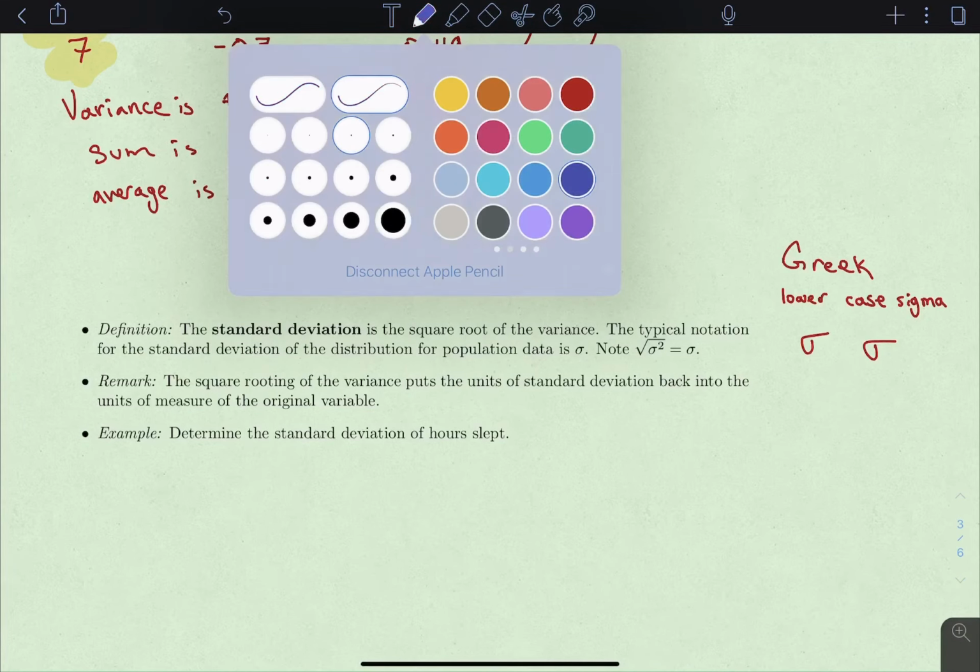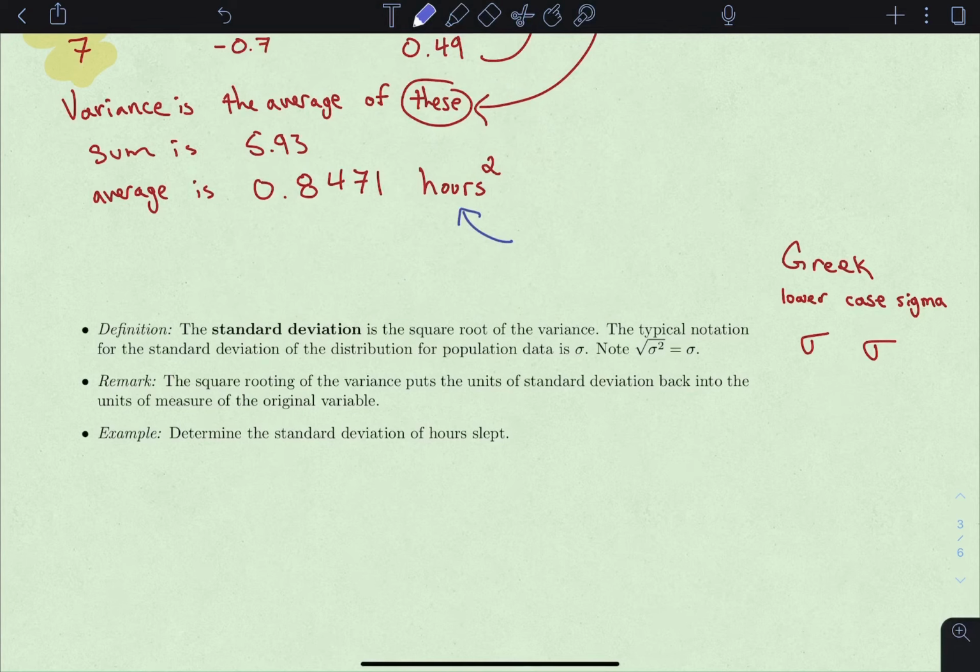What does this mean? And so in order to get a number that is related to the original list of numbers, we need to take the square root. And we're in hours squared here because we squared all of those differences, all those deviations.